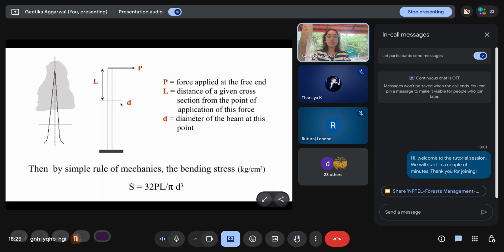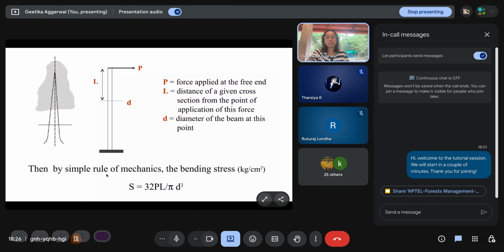So here, in the case of the tree, we can talk about the full length of the tree, because we want to talk about the basal diameter where the force is maximum, right? So here they're talking about the diameter of the beam at this particular point, but for the tree, we can assume that we're talking about the diameter at a lower point at the base of the tree. And then L would be the height of the tree, right?